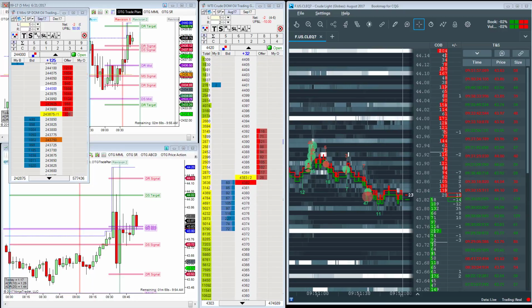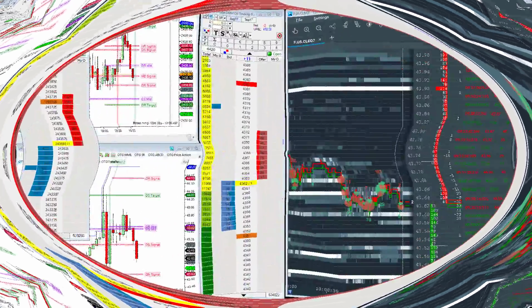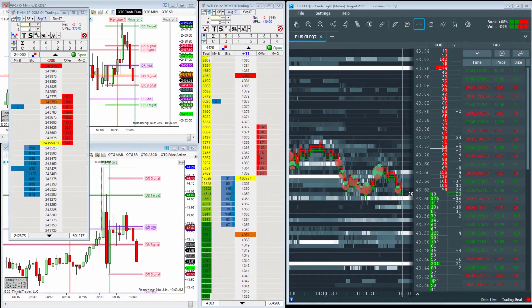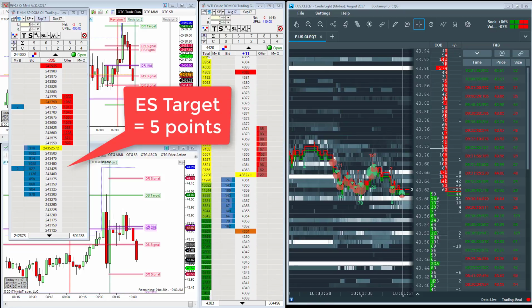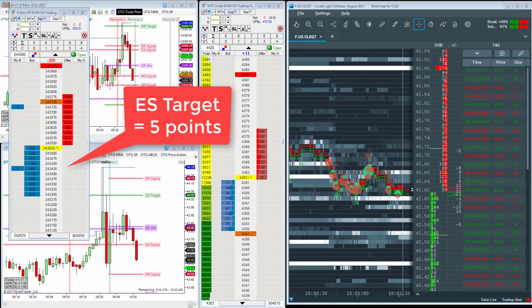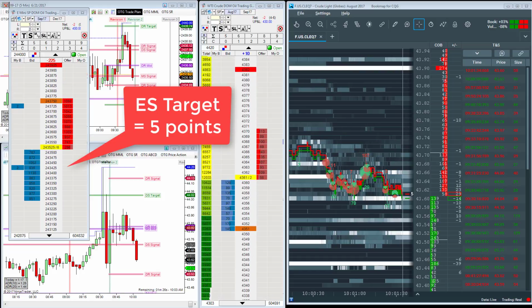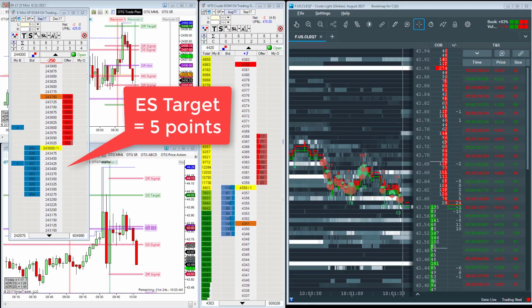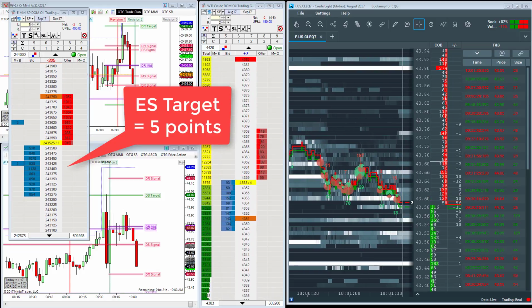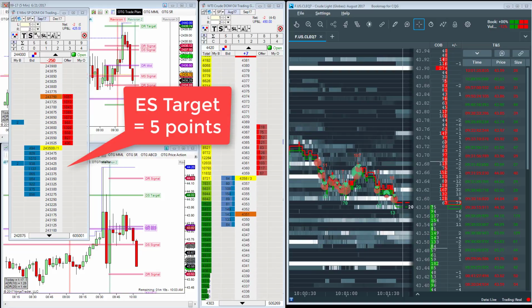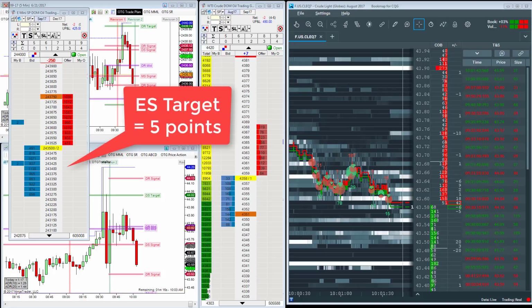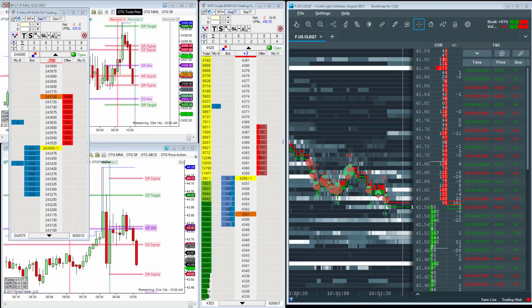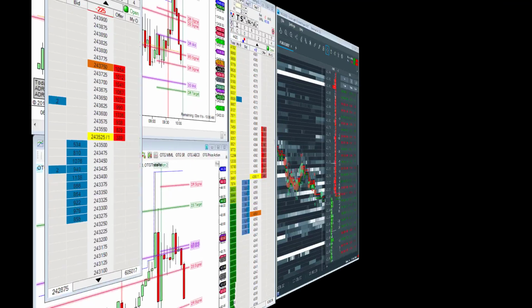The ES we're still in. The target's still 11. So there's 57.